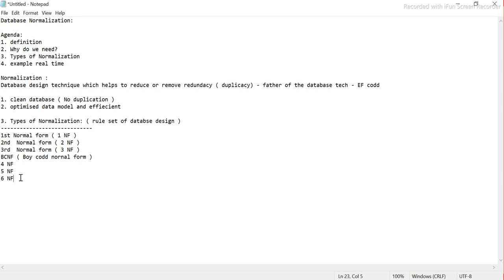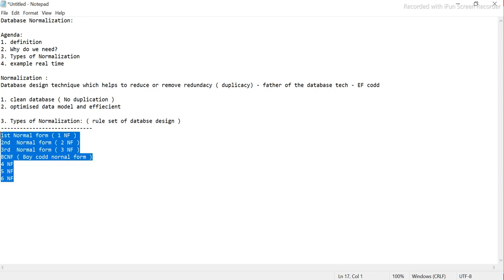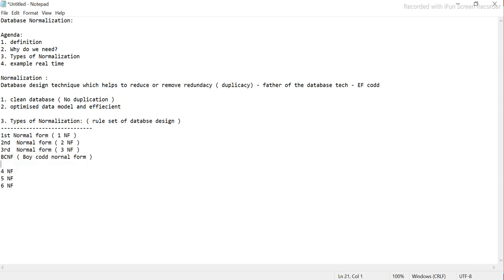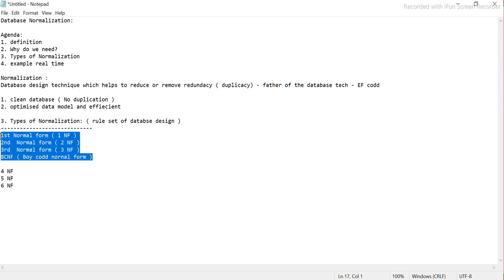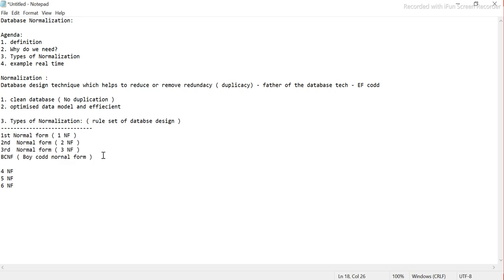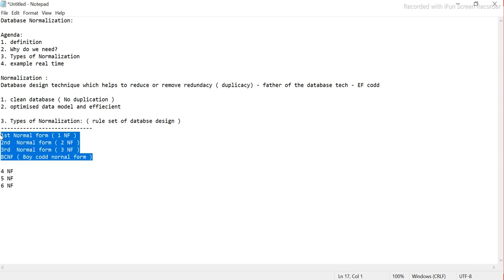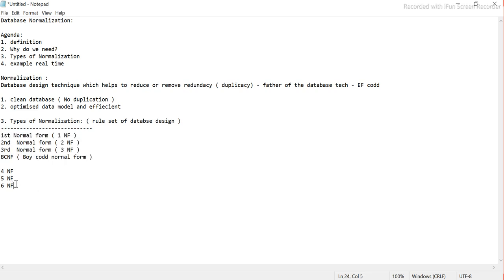This is an evolving process, so there may be some more normal forms. But in real-time projects, I think at least up to third normal form or at most BCNF is used. I have never seen any project going beyond BCNF. If you have done BCNF normalization, you are good enough for any sort of application. Fourth, fifth and sixth normal forms also exist, but I have not seen any practical usage of them.